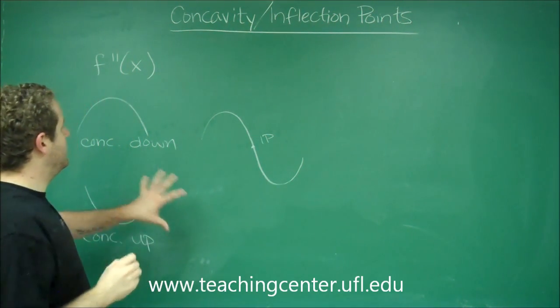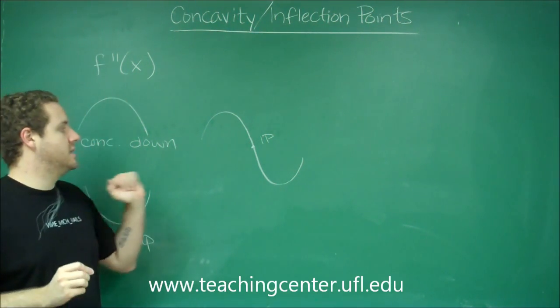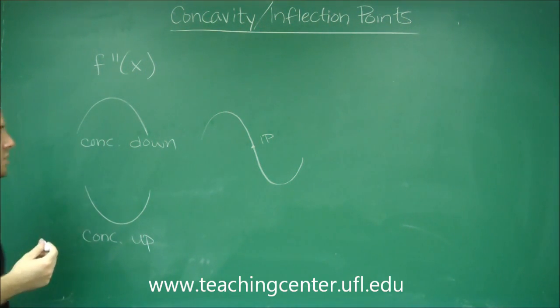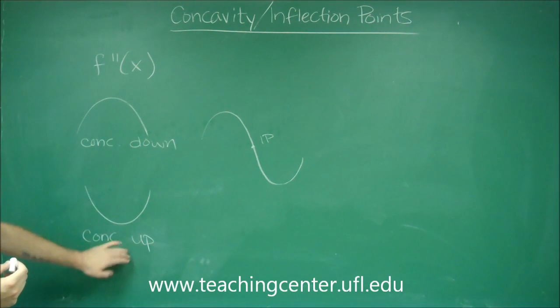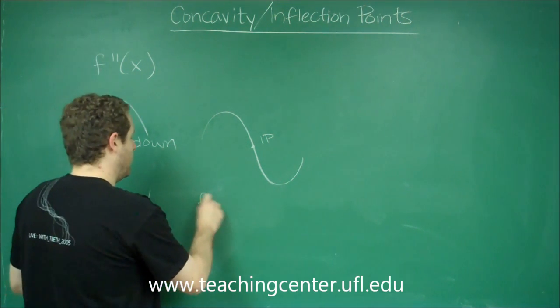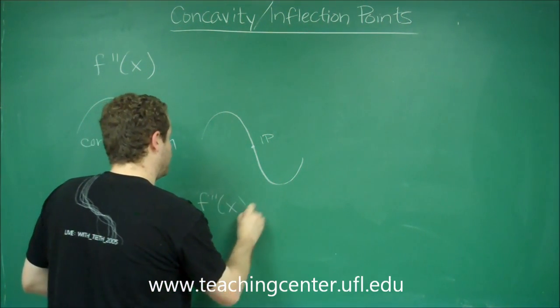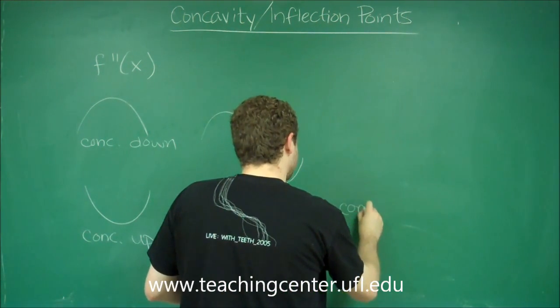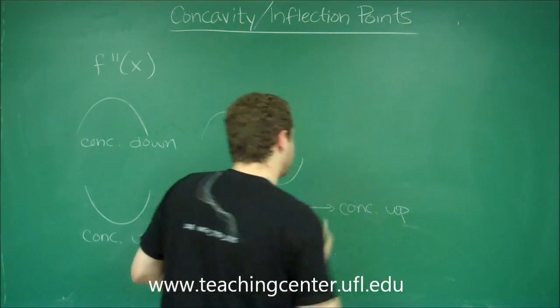So let's talk about what these mean now in terms of the second derivative, now that we've defined them graphically. A function is concave up when the second derivative is positive. So this implies concave up.